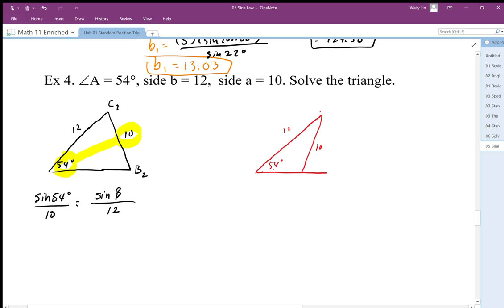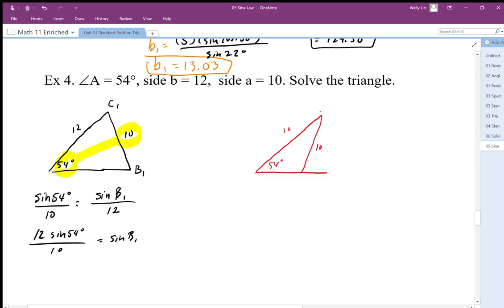Actually, this is going to be B1, so my mistake. We'll call this B1 and C1. So when we solve for this, we end up with 12 sine 54 degrees divided by 10 is equal to the sine of angle B1.